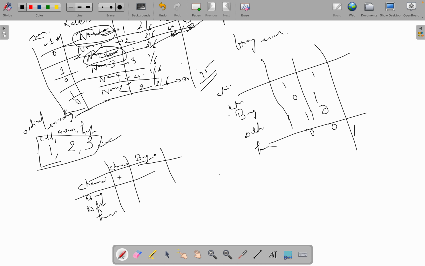For Chennai it will be 1, Bangalore 0, Delhi 0, and Hyderabad 0. For Bangalore it will be 1 here, the rest will be 0. For Delhi it will be 1 here and 0 elsewhere. For Hyderabad it will be 0 0 0 and 1. So this is your one hot encoding.